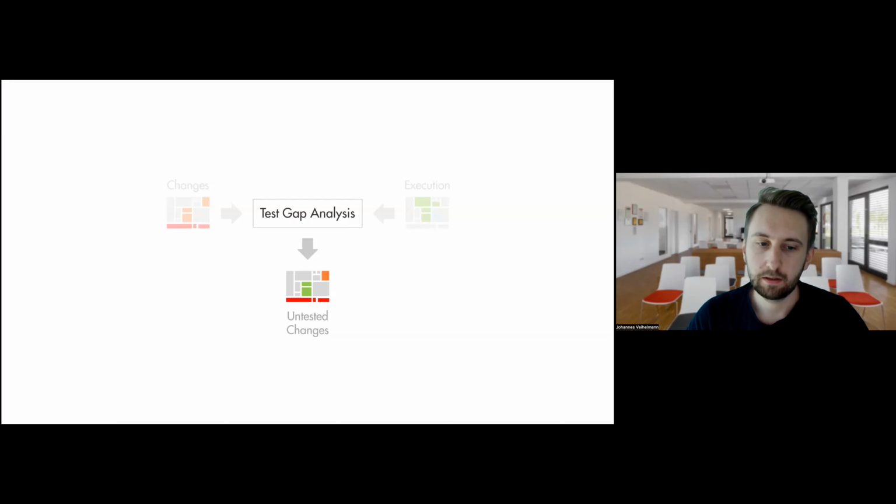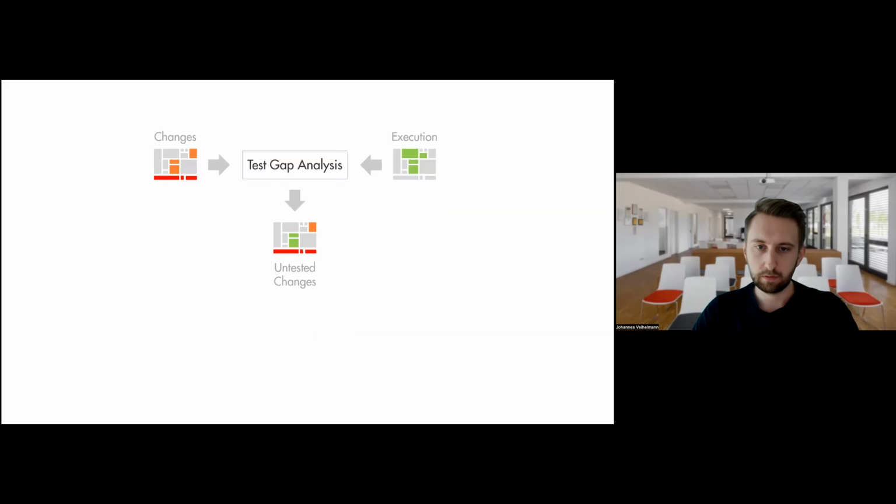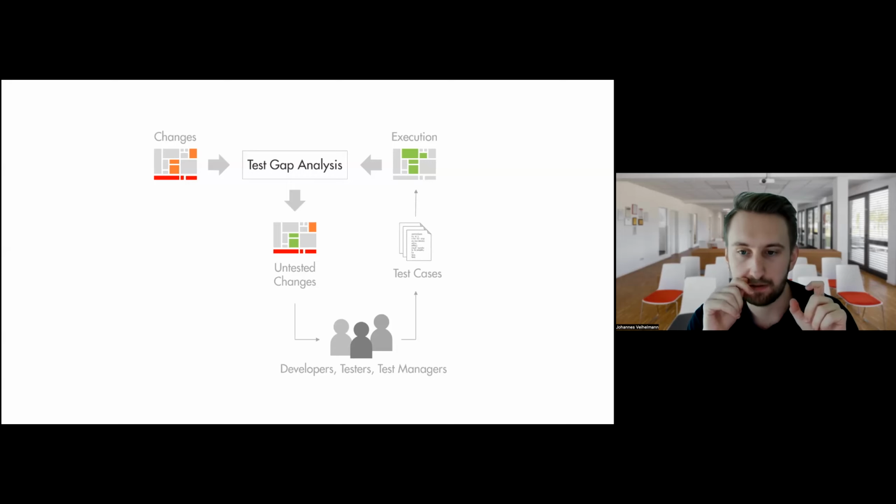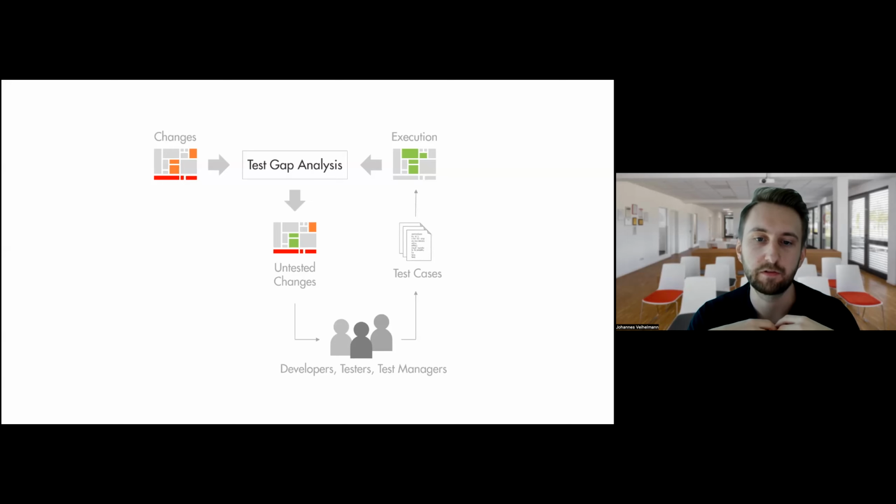Okay, now here. I wanted to say, how do we integrate the information from test gap analysis into the test process? It is important for us that this analysis is running fully automated, because as I already mentioned, time is of the essence. And it is important that it doesn't affect me as a tester when I'm using this kind of information, because I want to keep on testing the way that I'm used to.